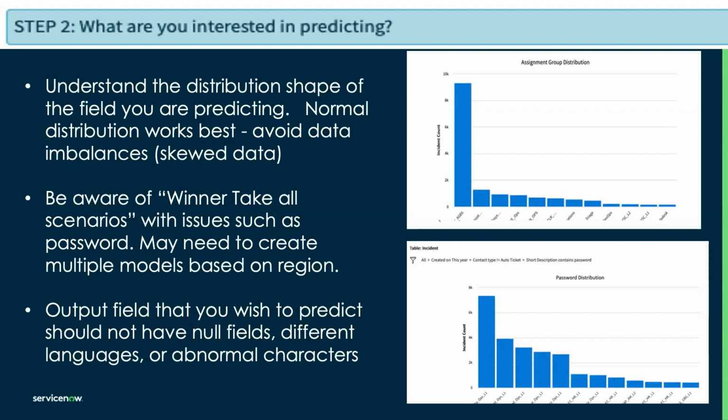So here I've got the assignment group distribution. A normal distribution works best, and you want to avoid what's called a data imbalance, like what we have in this first graph. So imagine these bars is a report where these are all the assignment groups that handle password reset. Now, if you look at this intuitively, the model, if you just feed it a short description as an input, and someone creates a new incident with password reset, where do you think it's going to go?